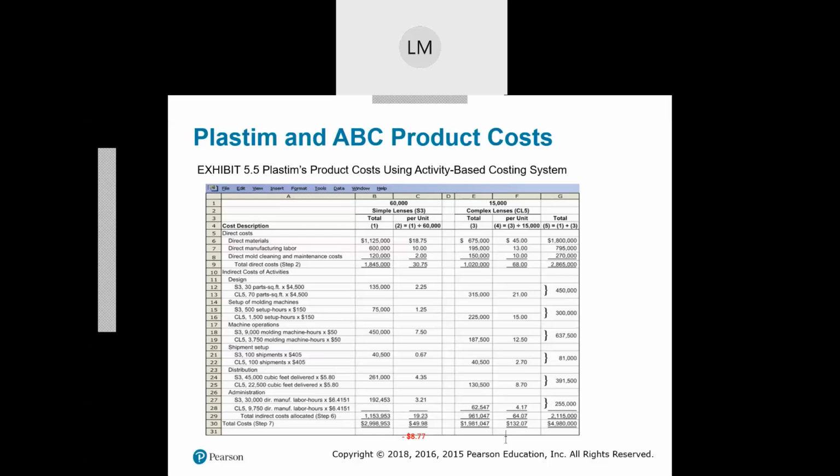So when I take the difference, what are my actual costs? 132.07 minus the $97, so my costs are actually $35.07 higher than I anticipated.